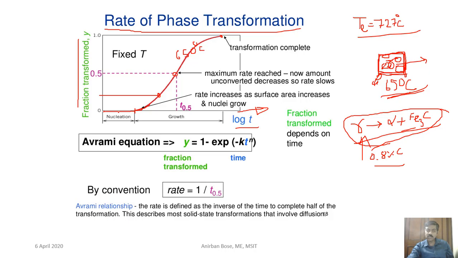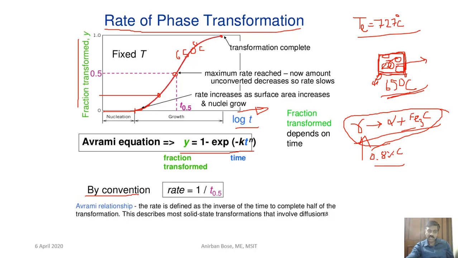So I think you have understood what this experiment is and how we are getting this graph from the experiment. This particular graph can be expressed in this exponential form, and you can see an S curve, or this kind of S-shaped curve is observed.